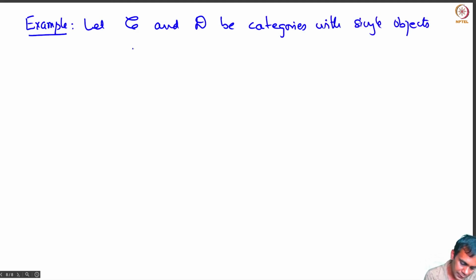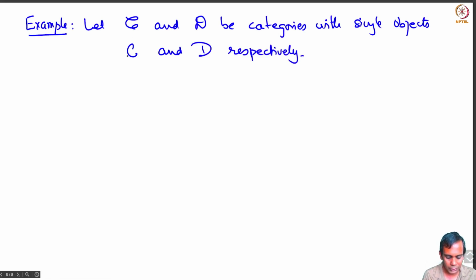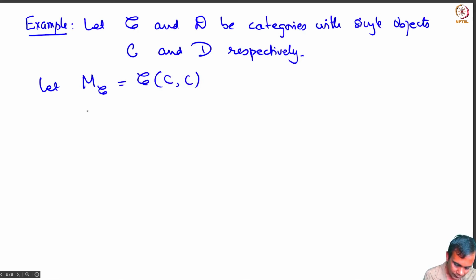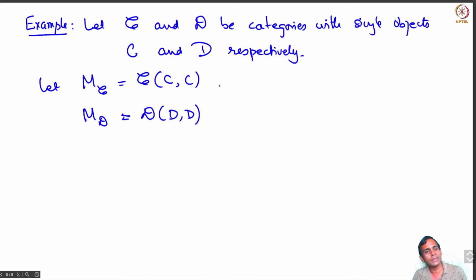So the category C has a single object which I denote by C, and the category D has a single object which I denote by ordinary D. And let M_C denote the set of arrows from C to C, and let M_D denote the set of arrows from D to D. And what we've seen is that these are actually just monoids, because the definition of a category says that this set comes with a composition operation and an identity. So these are monoids.